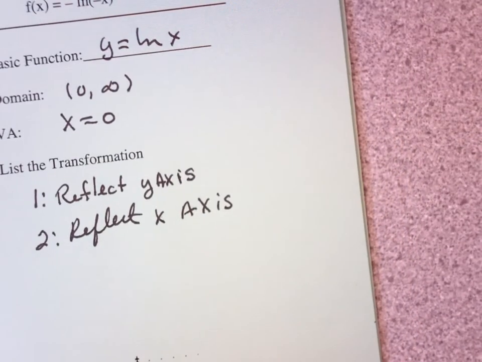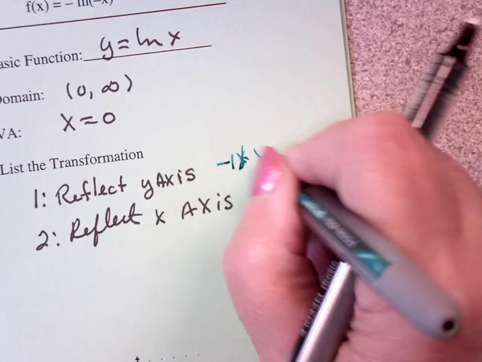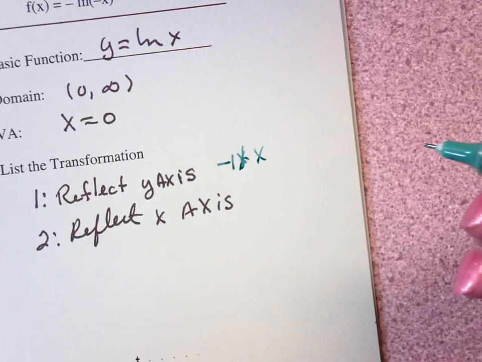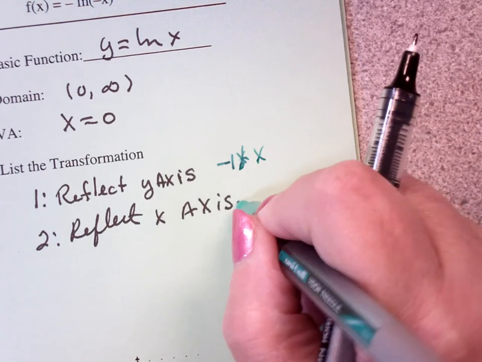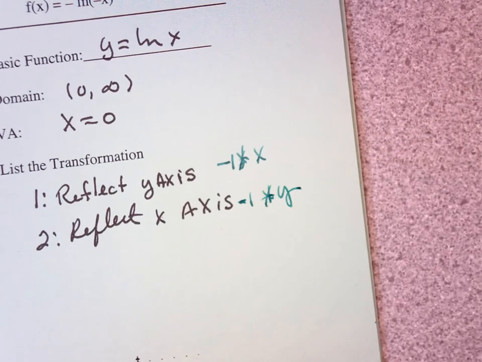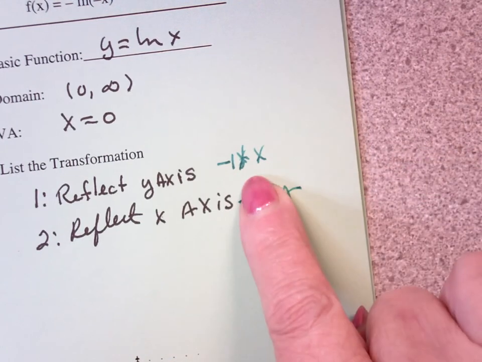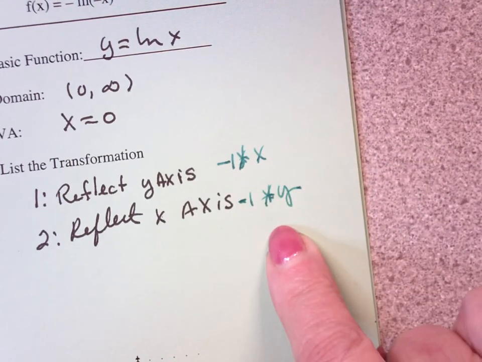So the first thing I'm going to do is take minus 1 times the x values. And then I'm going to take minus 1 times the y values. This turns it backwards. This flips it upside down.